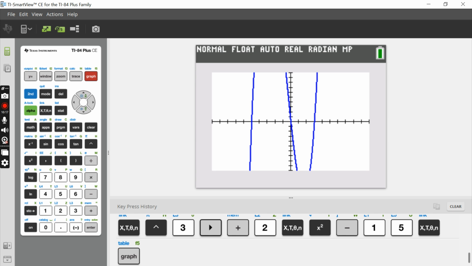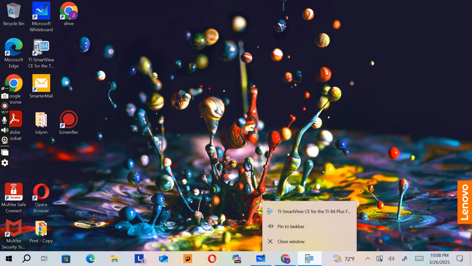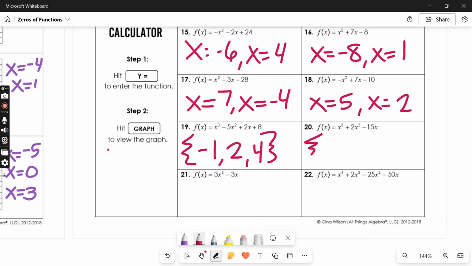Looks like we're at -5, 0, and 3. -5, 0, and 3. Okay.